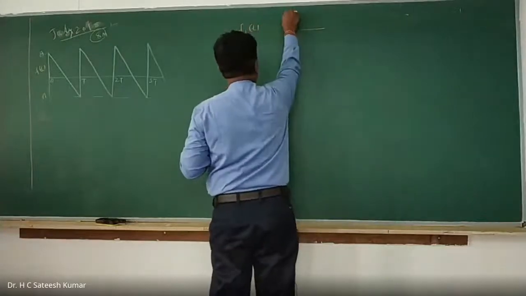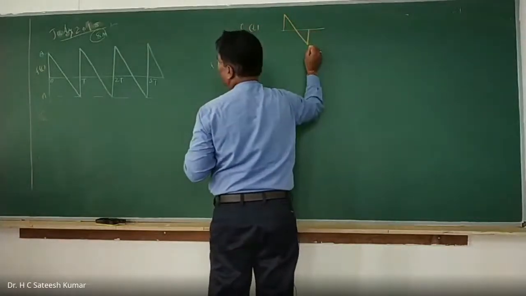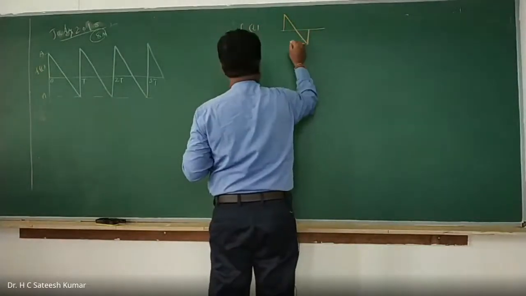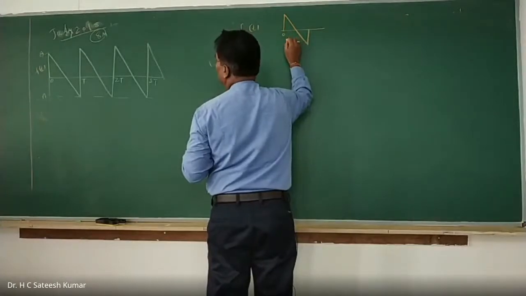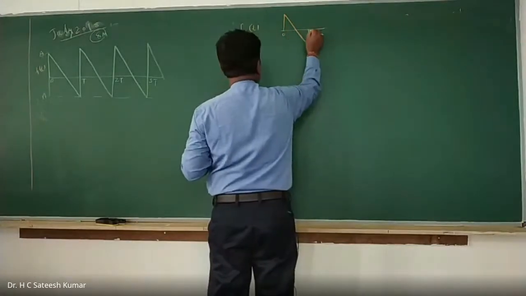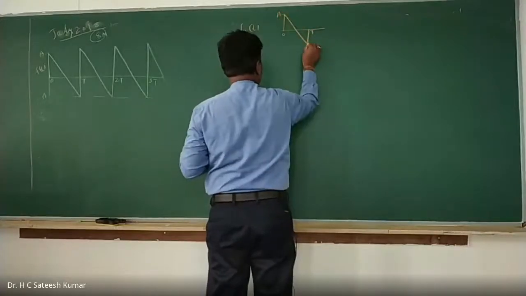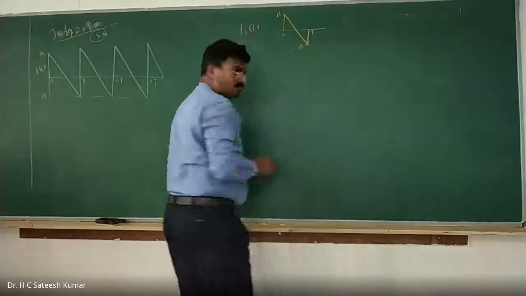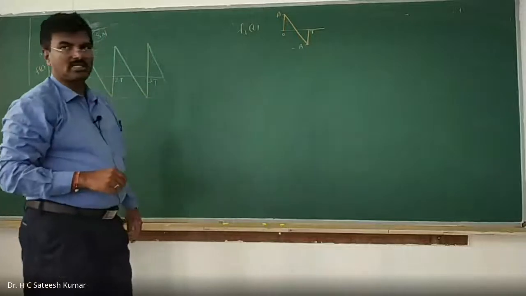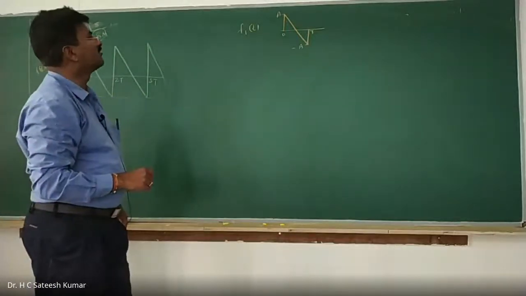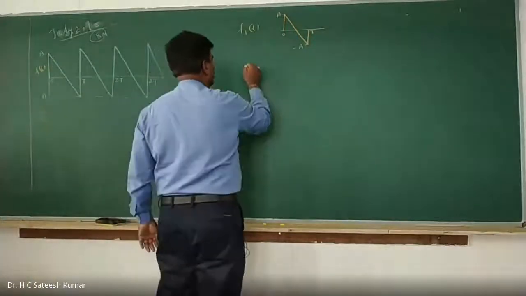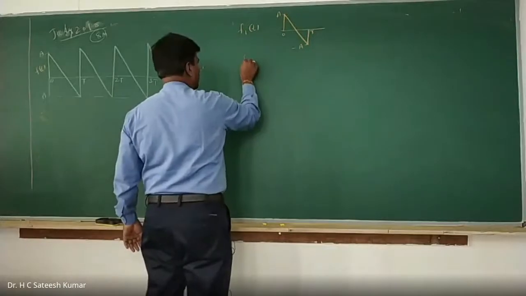I'll write it. This is your f1 of t, one cycle, from 0 to T, plus a, minus a. Write down this f1 of t in the form of elementary functions.